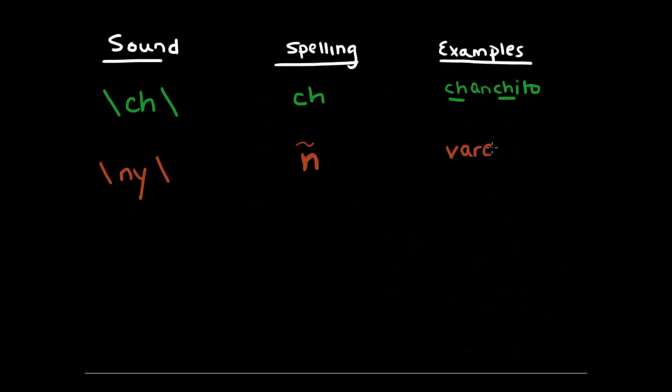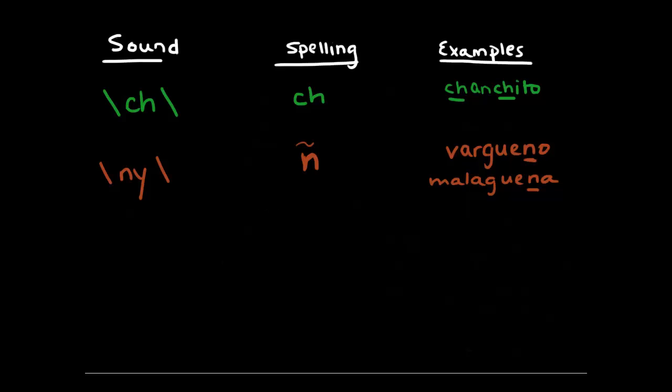Vargueño is an example. Malagueña is another one. Just going to have that N for the ñ sound. If you ever hear the sound, you're going to use N. And that's it for that sound. So that's another common one.